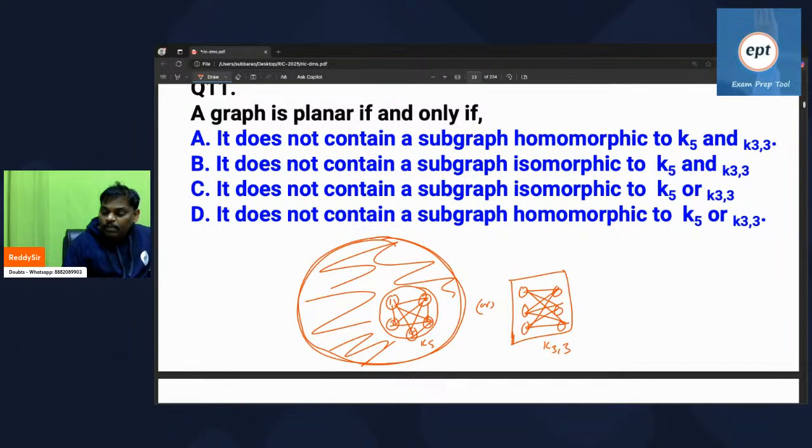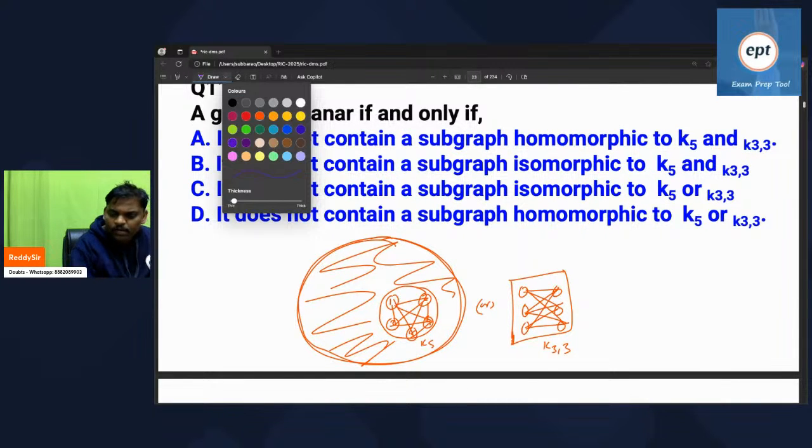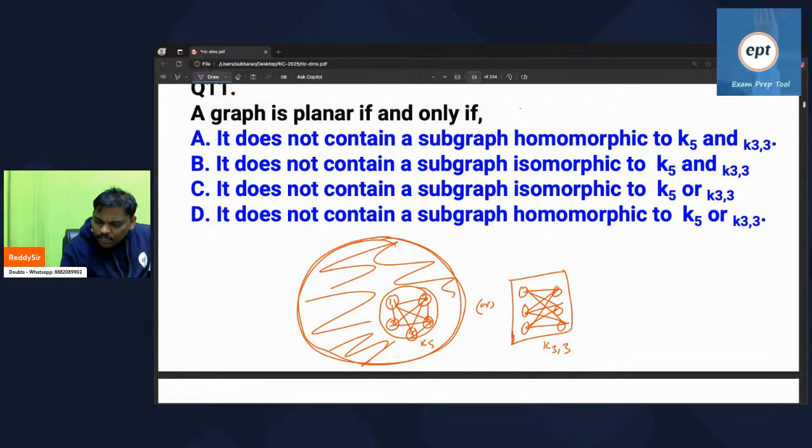Remember, I don't want to say the subgraph should be isomorphic to K5 or K33. It will be homomorphic. Some people are asking, sir, what is homomorphic? In this one, some subdivisions may be there, maybe one vertex here. If you see the architecture, it looks like a K5, but there may be many vertices in between, more vertices and more edges may be there.